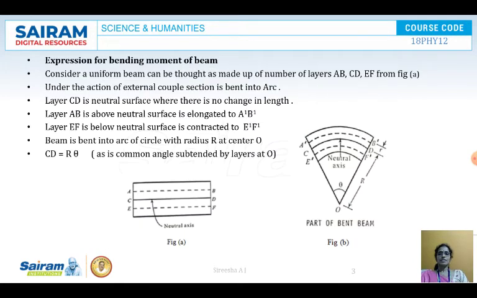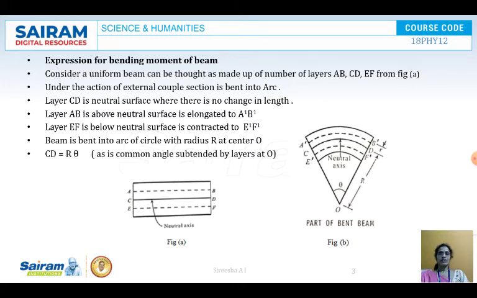Now we see the expression for the bending moment of a beam. Consider a uniform beam that can be thought of as made up of a large number of layers A, B, C, D, E, F. From figure A, you can see a beam having AB as the upper filament, CD as the middle filament, and EF as the lower filament.